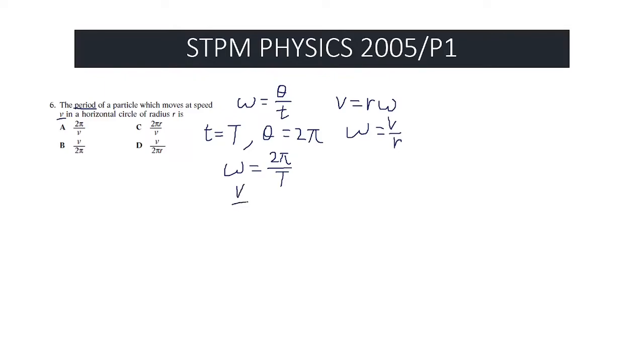So here v per r equals 2 pi per T, and T is equal to 2 pi r per v. So the answer is C.